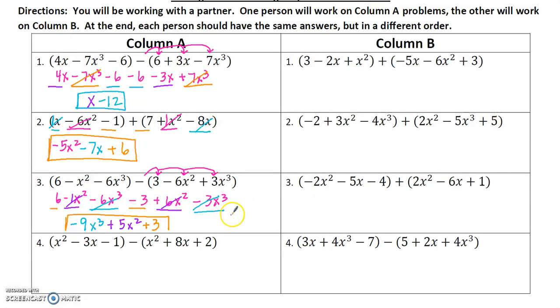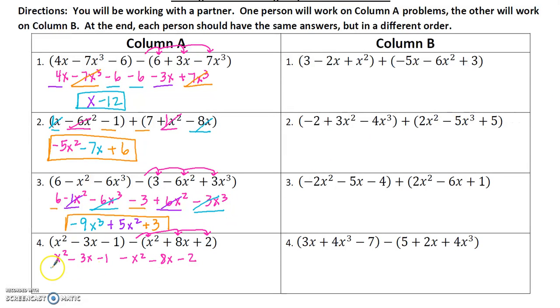Okay, number 4. Again, we have a negative sign, so I'm distributing. So the first parentheses stays the same. The second one, all the signs change to the opposite. So now I have a minus x squared, a minus 8x, and a minus 2. All right, again, let's start with the largest exponent.